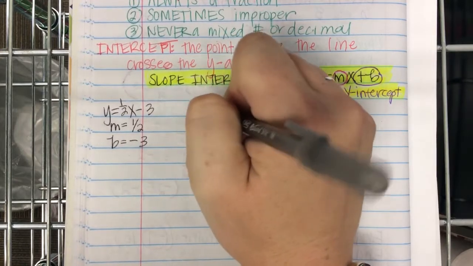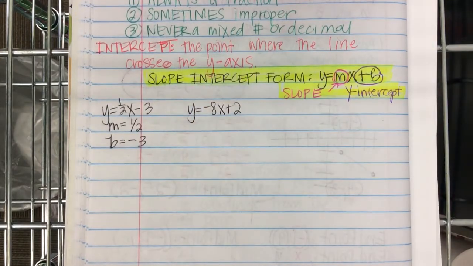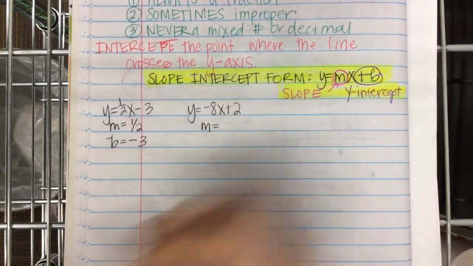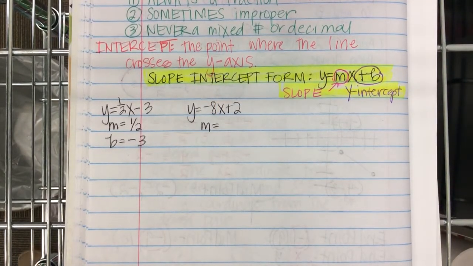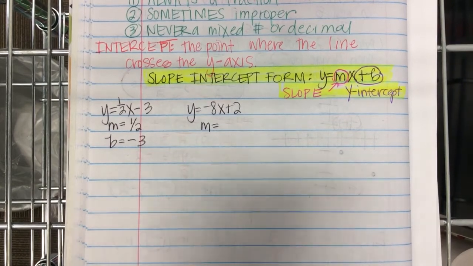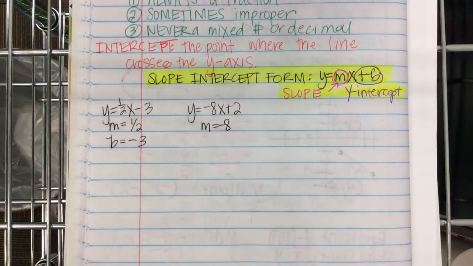Y equals -8 plus 2. What's your slope? It's -8. But I said slope is always a fraction.